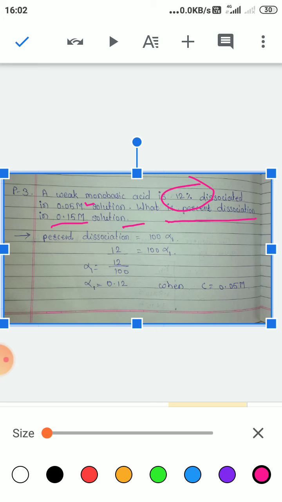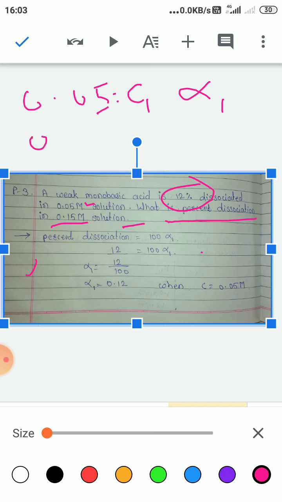For that, first we have to calculate the degree of dissociation for the weak monobasic acid. Okay, so here we can denote concentrations and degrees of dissociation for different solutions. If we consider the 0.05 molar solution, that means concentration C1, and the degree of dissociation for the solution whose concentration is C1 is alpha 1.